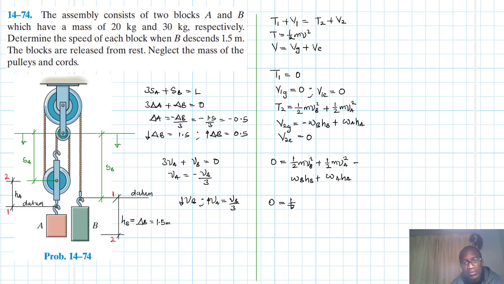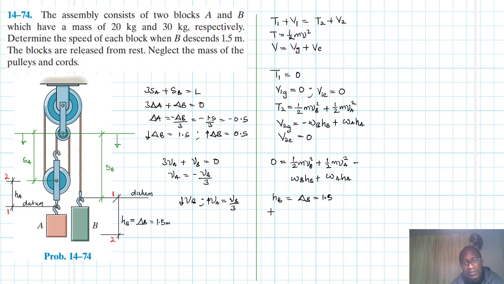So we have half. We know that HB is equal to delta B, and is equal to 1.5.